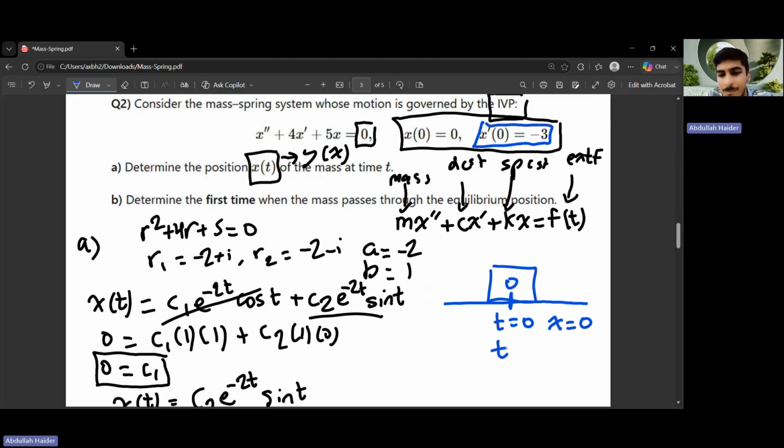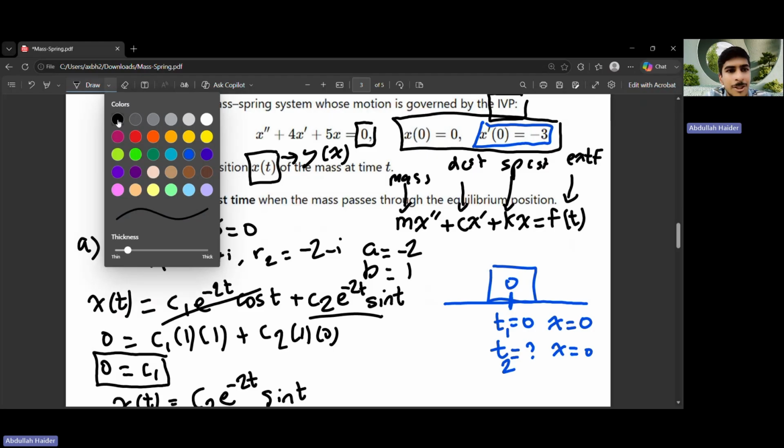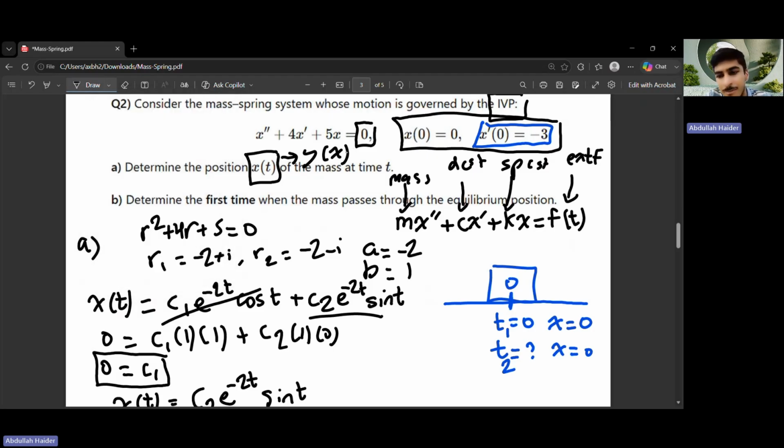So we need our new time for which x would be 0. According to this differential equation, it will either move right or left, and after moving, it will come back to the equilibrium position. So we need the second time it will come back to the origin.